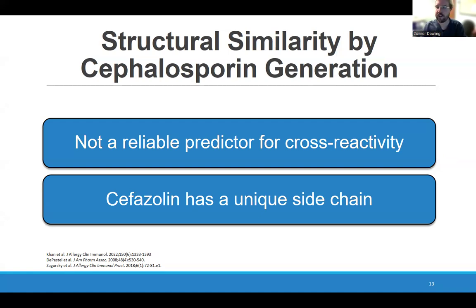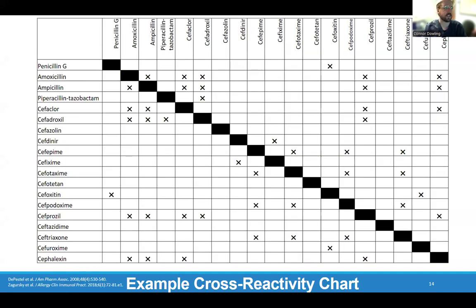To contextualize some of this, I wanted to go through an example cross-reactivity chart so you can see how we can look between generations and whether this is always a reliable way to predict that similar structure in our R side chains. As you can see with this graph, we have an array of penicillin antibiotics followed by cephalosporins on both the Y and X axes.